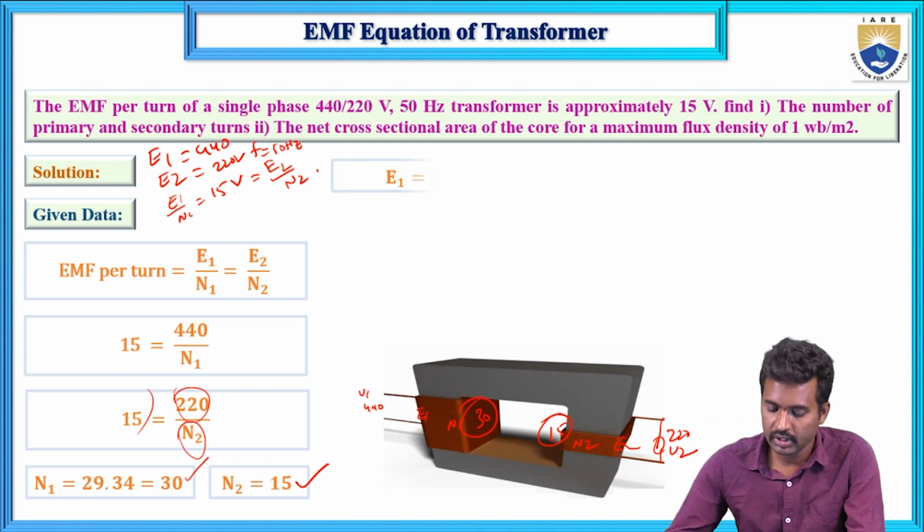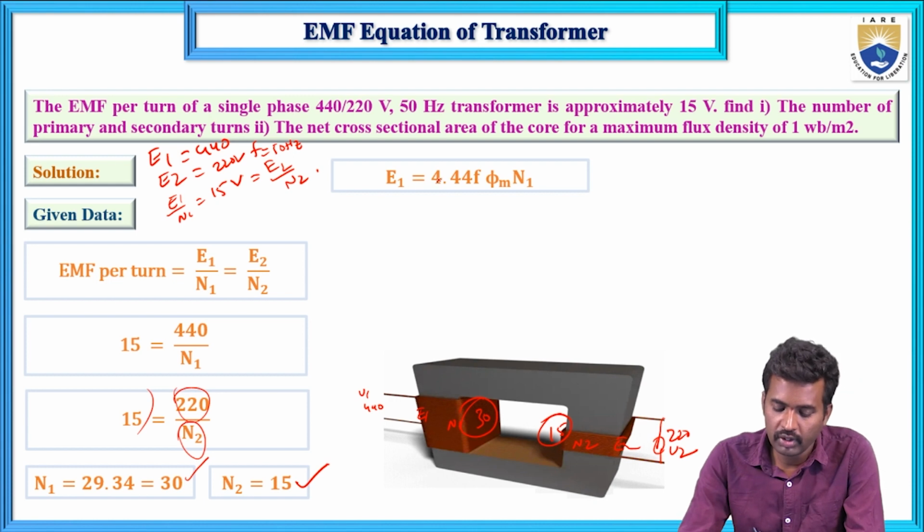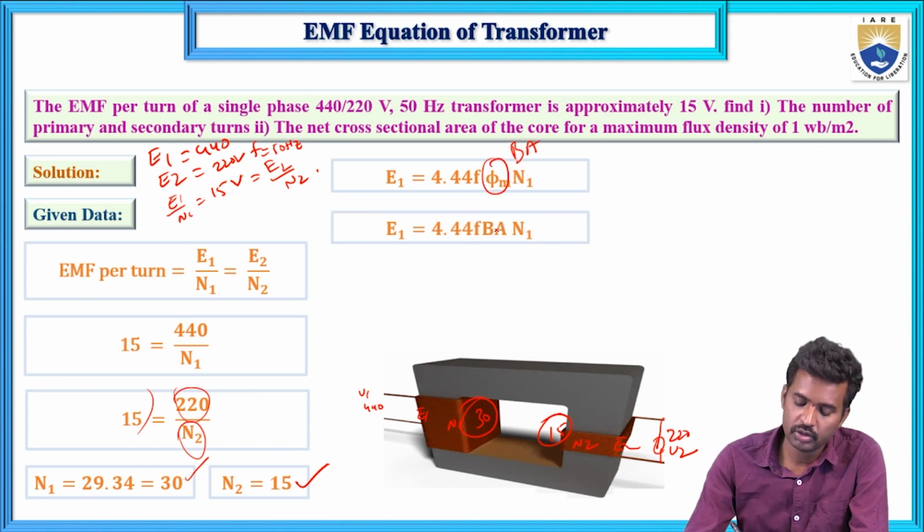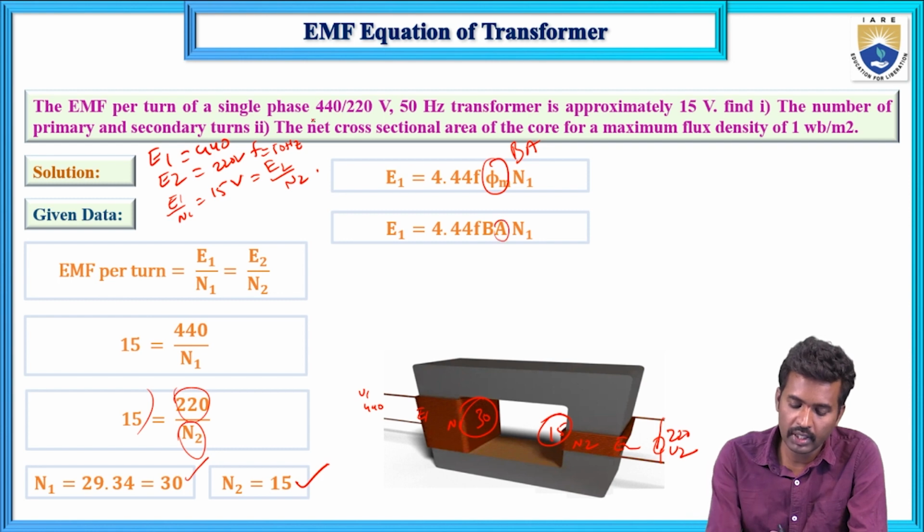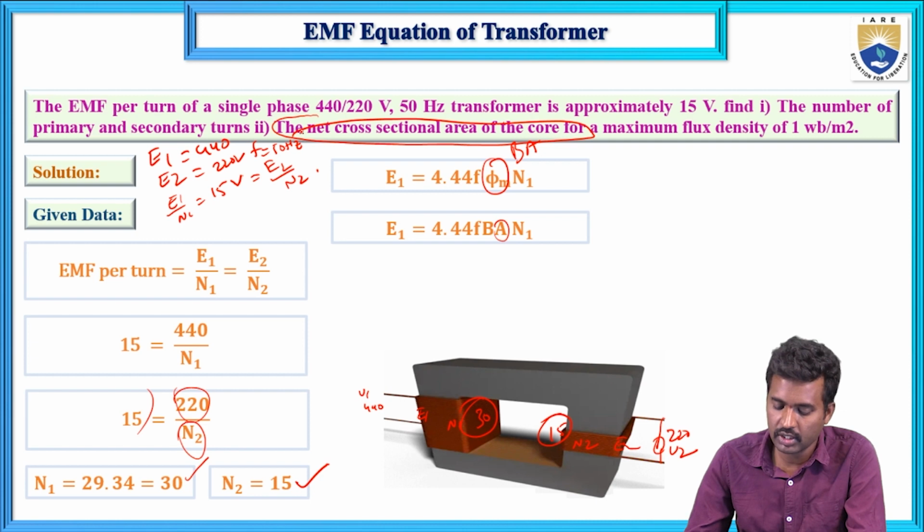Now here cross sectional area same, E1 equals 4.44 F phi m N1. This phi m equals B into A. Here you need to calculate the net cross-sectional area of the core for the maximum flux density.